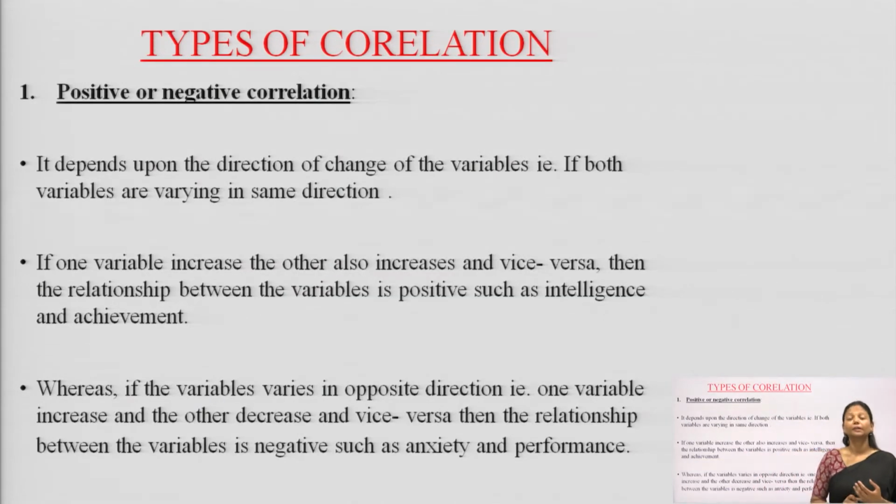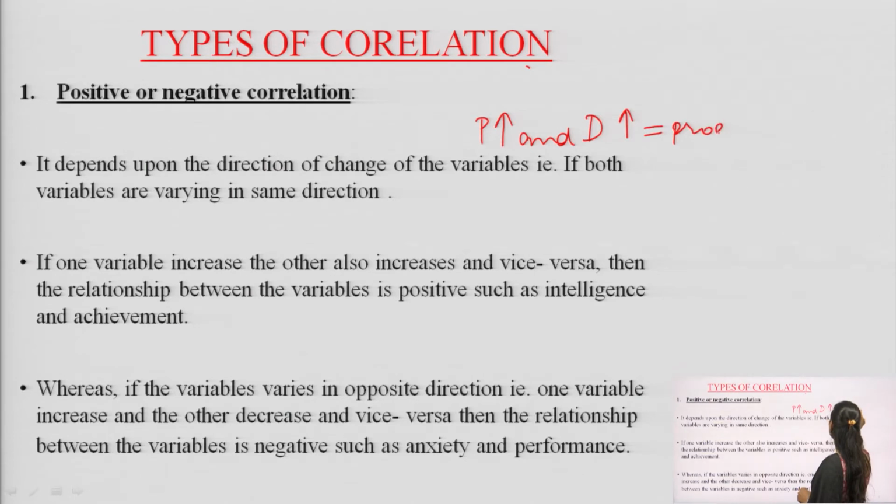Now, we have different kinds of correlation. The first one is a positive or a negative correlation, which depends upon the direction of the change of the variable. That is, if both the variables are varying in the same direction, for example, if the price is increasing and the demand of the product is also increasing, this is called a positive kind of correlation.